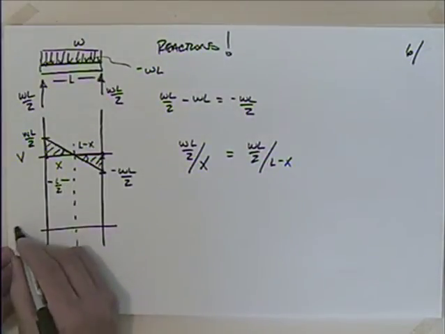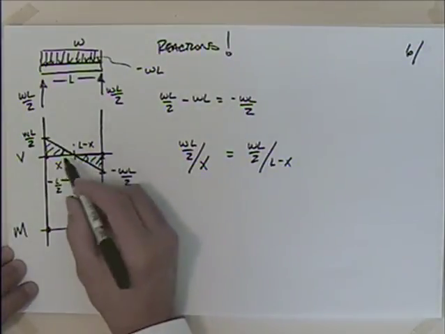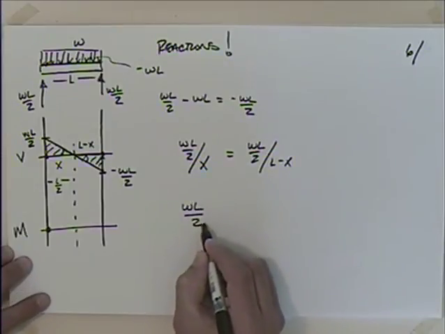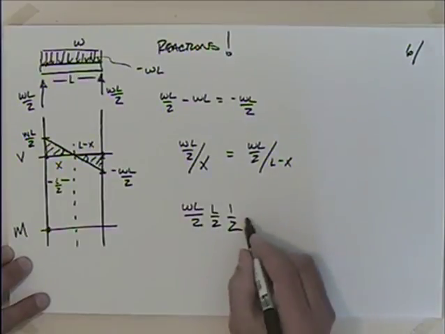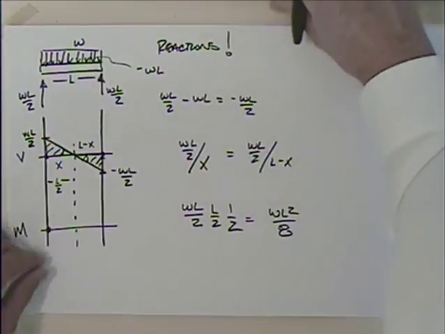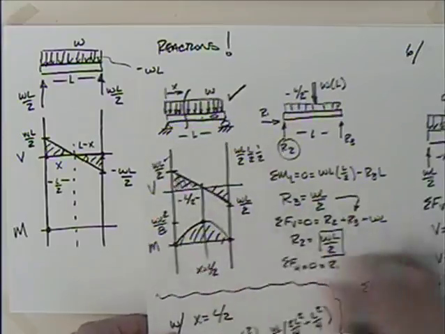So when I do the moment, I start at 0. I start at the left-hand side. This has some area. What's that area going to be equal to? Well, WL over 2 times this distance L over 2 times a half, because it's a triangle. What does that give me? WL squared divided by 8. Is that what we started our day with? WL squared over 8.